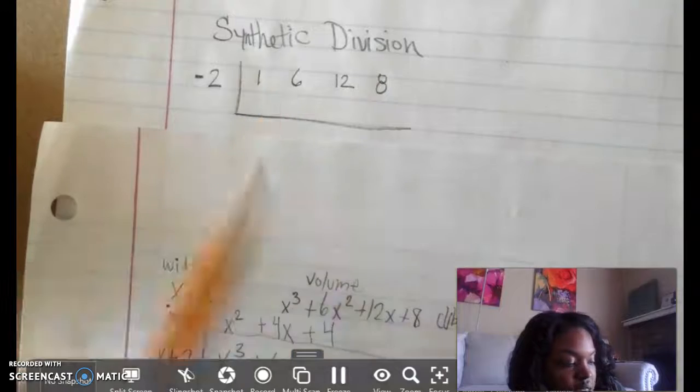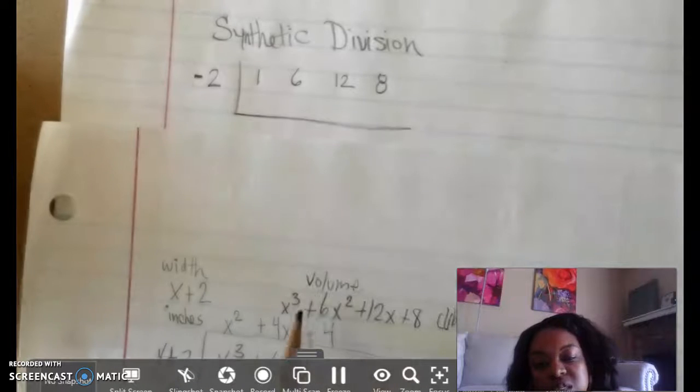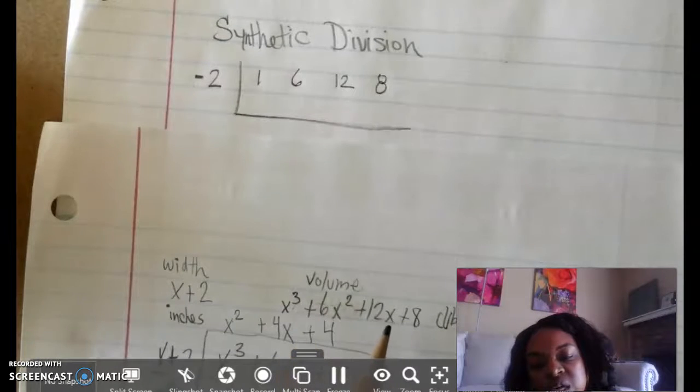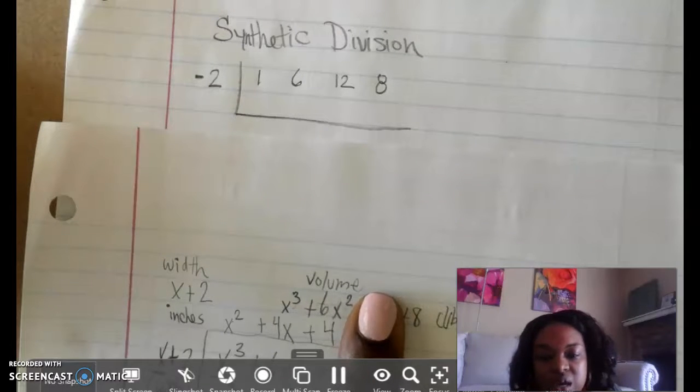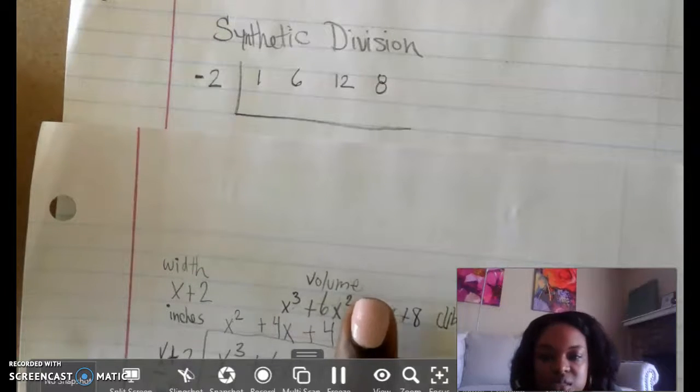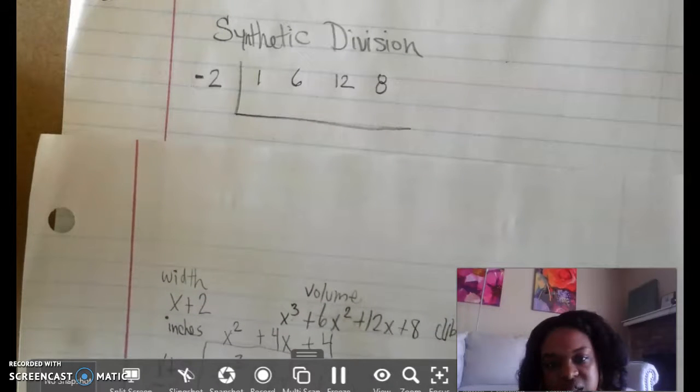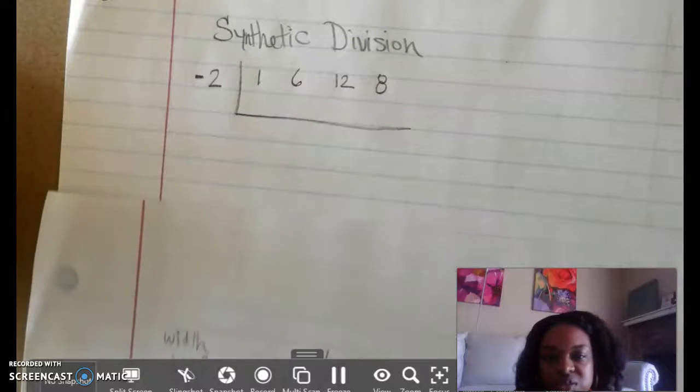And then the number 8 will be the last thing. If I were to be missing some exponent here, let's say I didn't have this term, then I would use a 0 instead of 12, because I don't want to skip any polynomial term exponents, because that throws off the synthetic division. So hypothetically, if you were to have that, you want to use a 0.